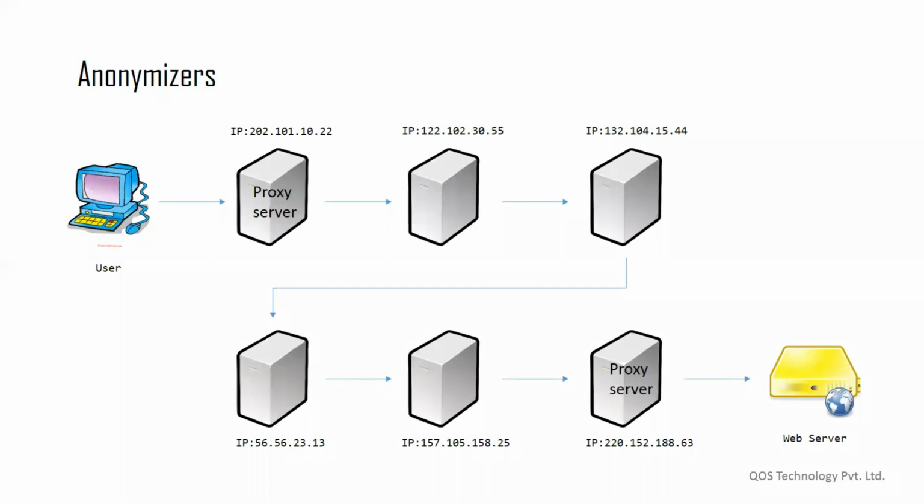Otherwise, you won't be able to access the .onion sites inside the dark web. Tor stands for The Onion Router. It also protects hackers' anonymity by passing traffic through several relays, like proxy chains.